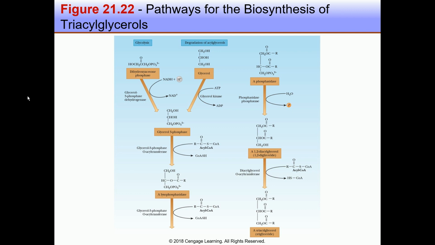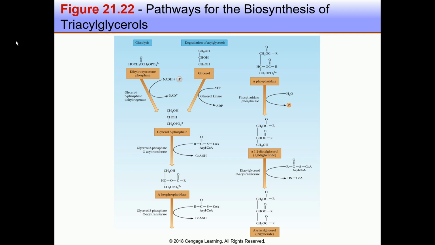So here you can see the addition of the acyl group, and the compound formed is called lysophosphatidate. And then in the next step, again with the help of the same enzyme, glycerol 3 phosphate acyl transferase, the acyl group is added to the other OH group of the glycerol, and the compound which is formed is called phosphatidate.